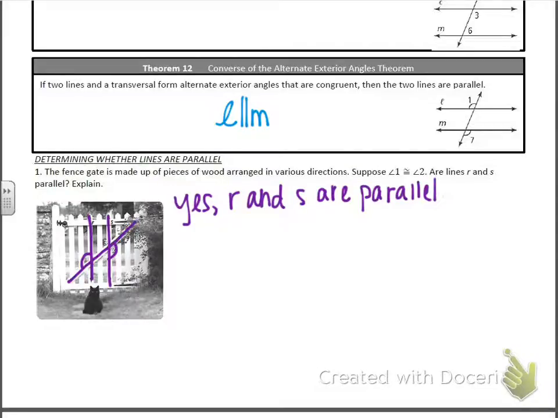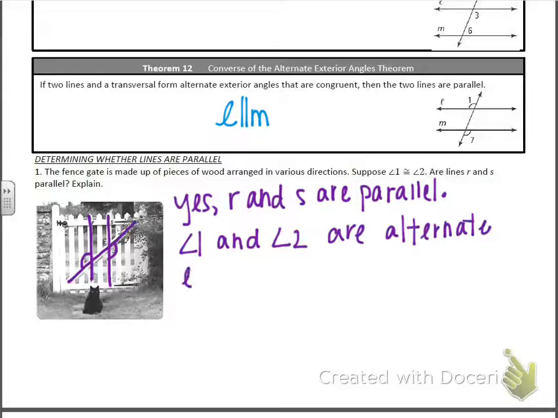Well, let's explain it a little bit more. How do we know these? We could say that angle 1 and angle 2 are alternate exterior angles, right? So we can say angle 1 and angle 2 are alternate exterior angles that are congruent.